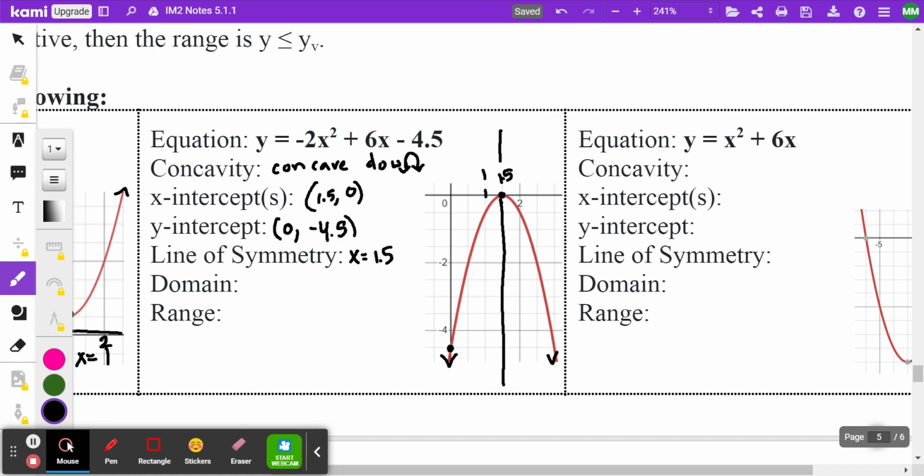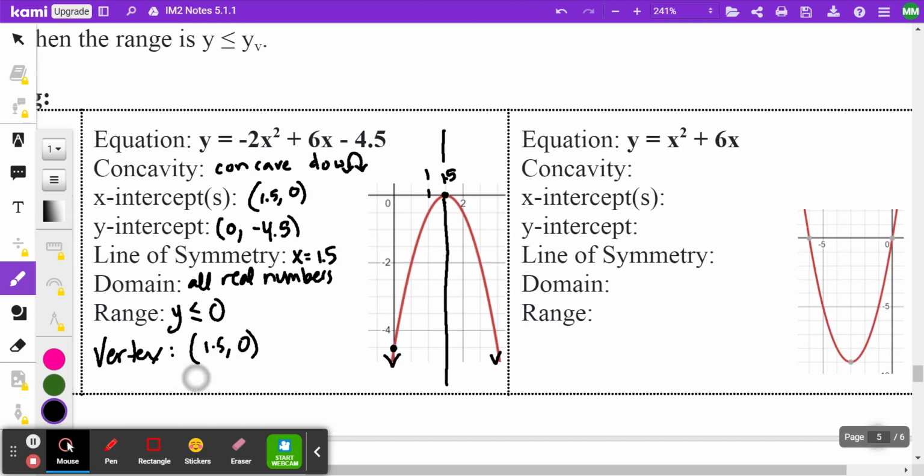Domain, that's all real numbers. Range, that's y is less than or equal to 0, since the vertex is at 1.5 comma 0.